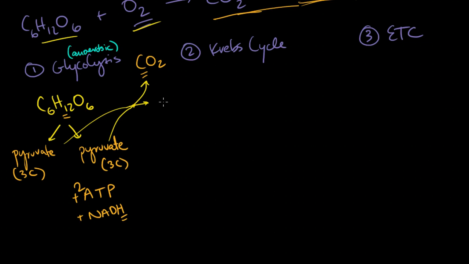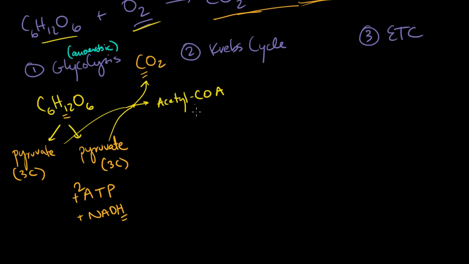So really what we have going into the Krebs cycle is, I'll just give you this extra detail, I won't expect you to know this, but this is something that IB kids are responsible for knowing, it's called acetyl CoA.